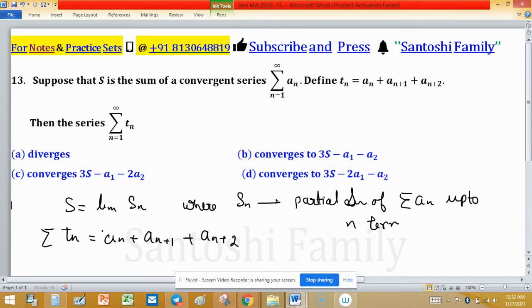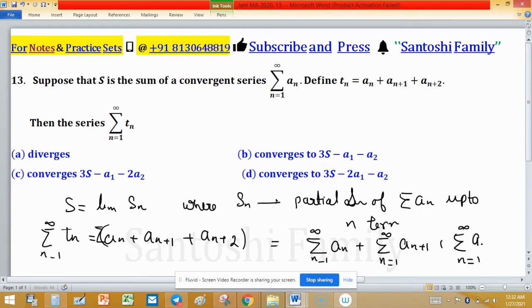So take summation on both sides, running from 1 to infinity. The summation distributes over these terms: summation n equal to 1 to infinity an plus summation n equal to 1 to infinity an plus 1 plus summation n equal to 1 to infinity an plus 2.